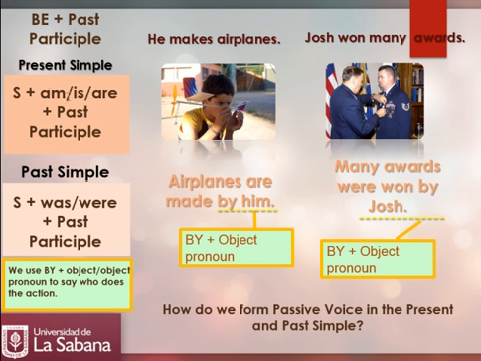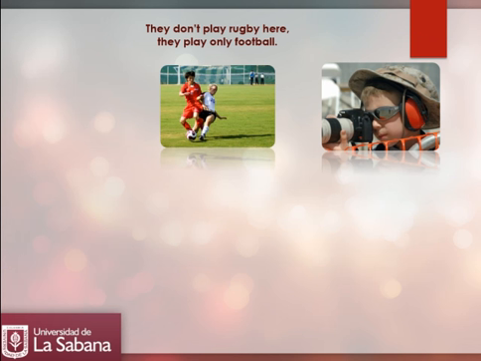So in the present simple, the verb to be will be am, is, are, depending on the subject of the sentence, and in the past simple it will be was or were, once again depending on the subject of the sentence. And remember that we use by plus object or object pronoun to say who does the action.